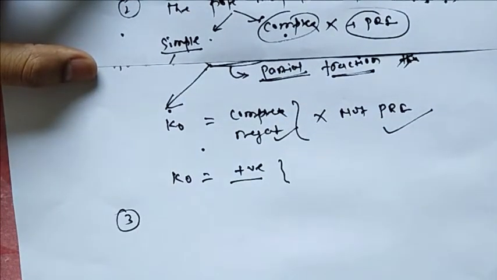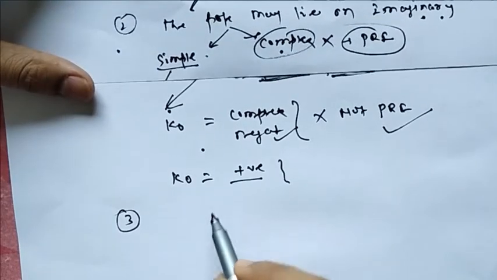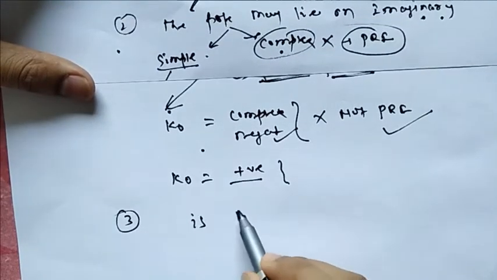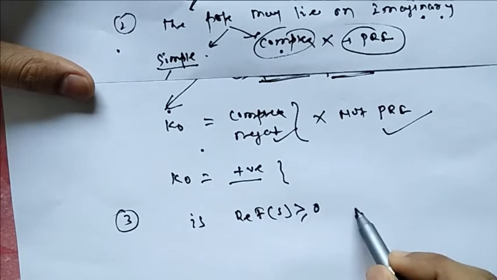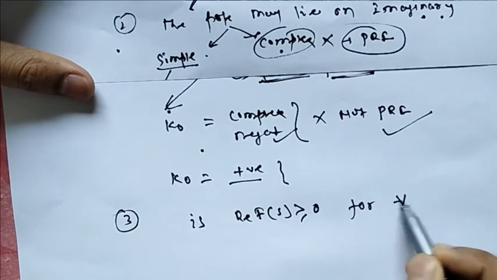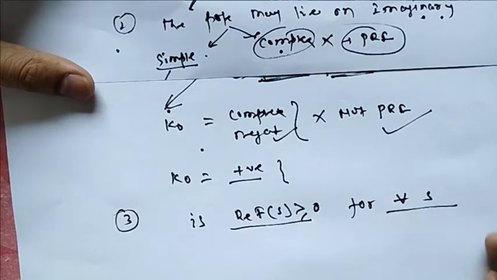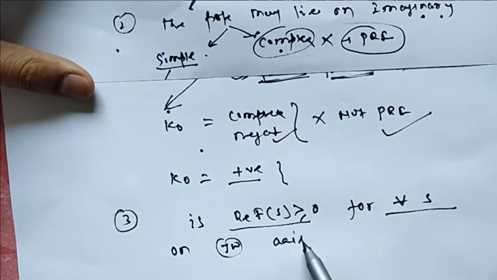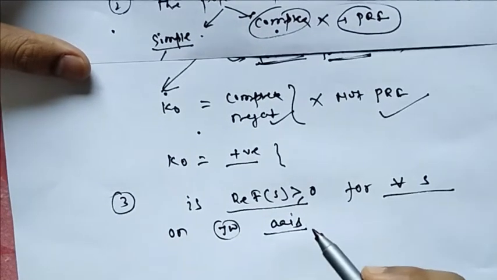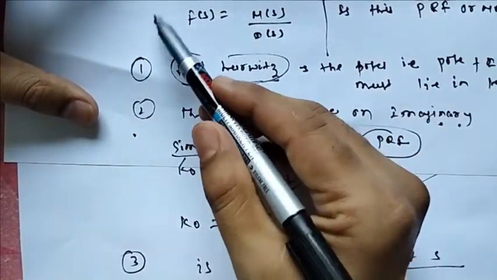What is the third stage? The third stage is that the real part of F(s) is greater than or equal to 0 for all s. Now this we check only on the j omega axis. This is the simplification that has been made by that scientist who gave this rule.